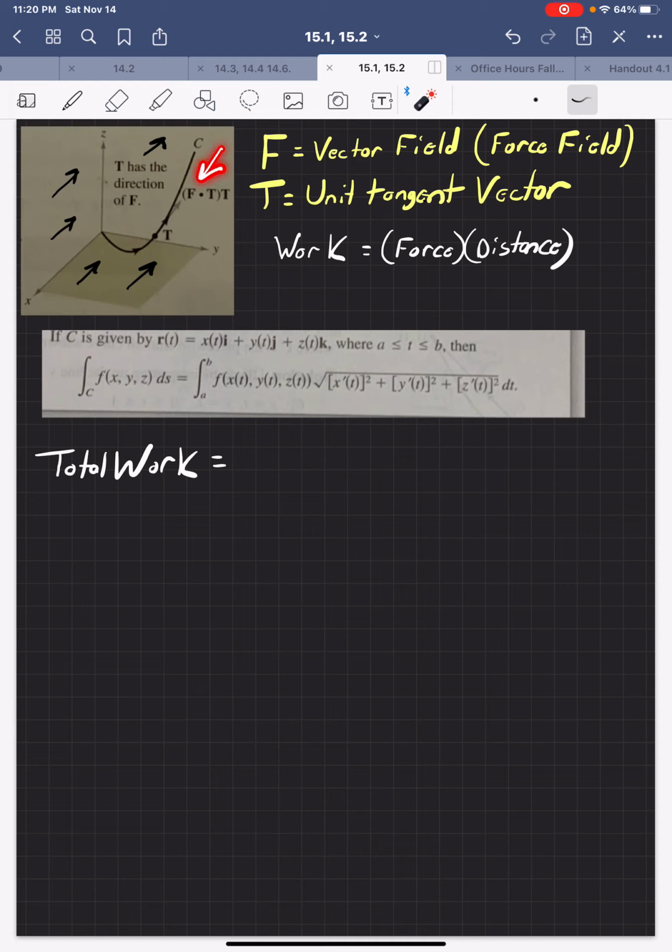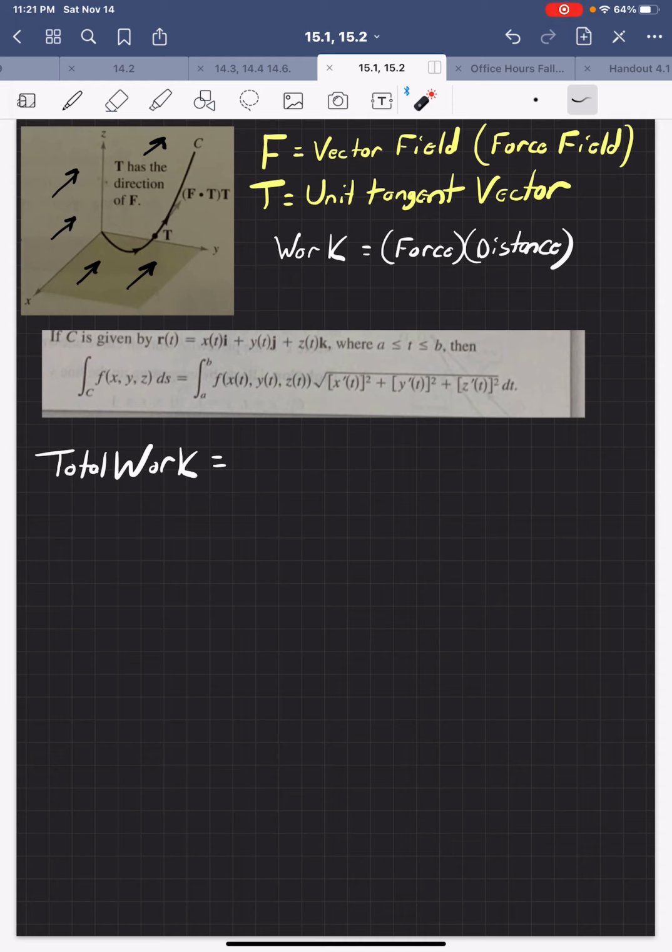So if you had force vectors going this way, you would have to consider that. But we don't have to consider forces acting in different directions. We only have to consider the forces operating in the same direction, or obviously the opposite direction.